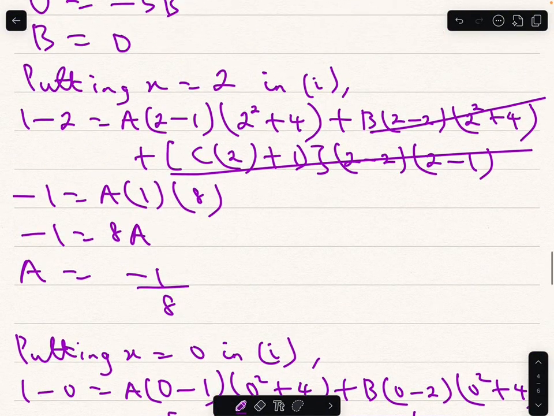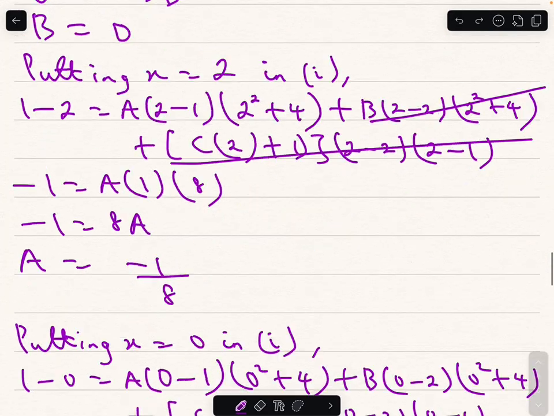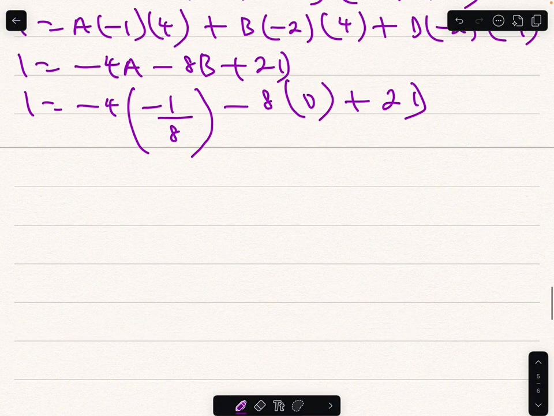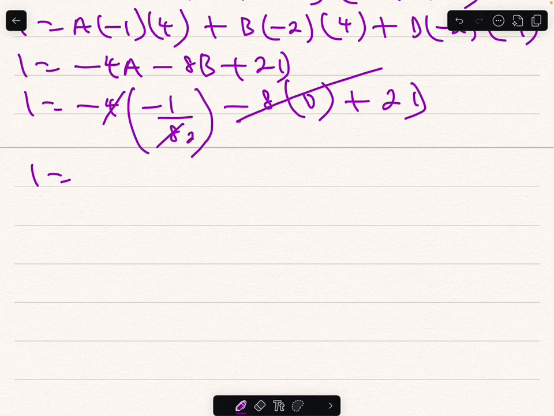B is 0. Let's check that again. B is 0. So that's minus 8 times 0 plus 2d. And that simply means minus 8 times 0 is 0, and we are left with 1 equals 4 over 8, which is 1 over 2. And minus times minus 1, that's plus 1 over 2, plus 2d.